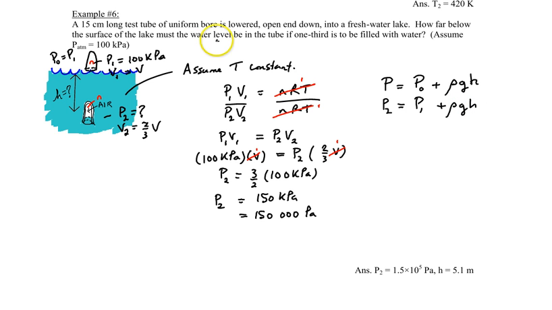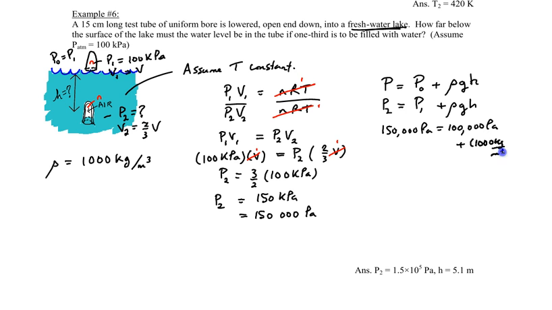Well, we are in fresh water. So the density of water, hopefully you recall, is 1,000 kilograms per meter cubed. Let's substitute that in here. We have pressure 2, which is 150,000 pascals. Pressure 1 is 100,000 pascals, and that's added to 1,000 kilograms per meter cubed times g, which is 9.8 meters per second squared, times h.